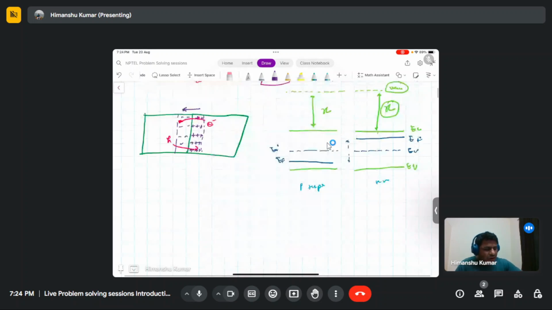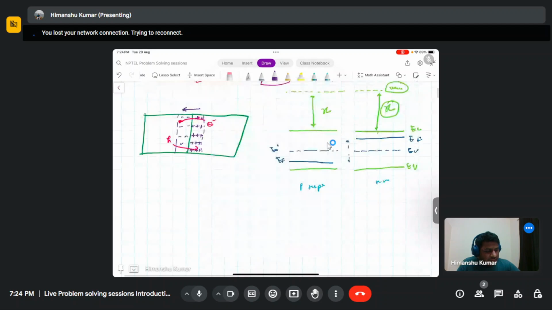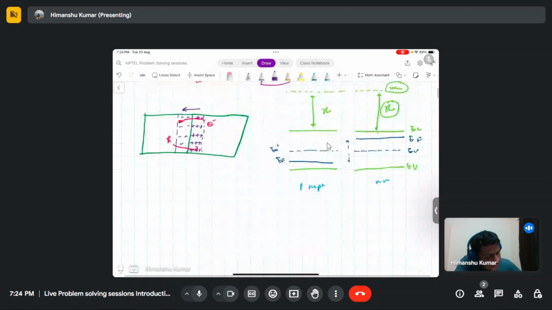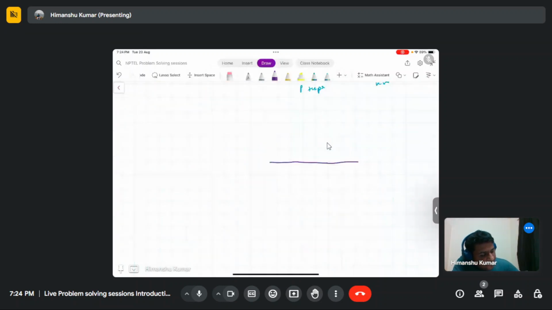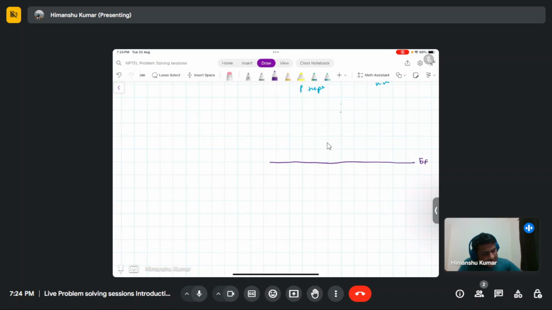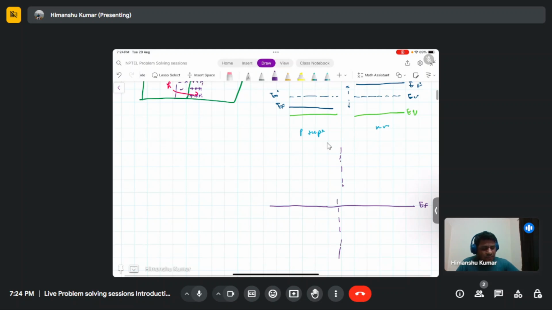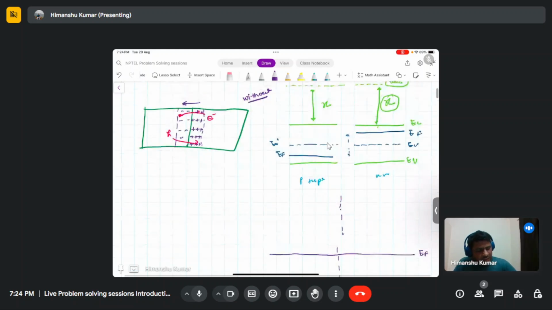When you make a contact in equilibrium, you draw the Fermi energy level as a fixed level, and let's say this is the junction. Away from the junction, this is the neutral or quasi-neutral region, and this is also a neutral region.